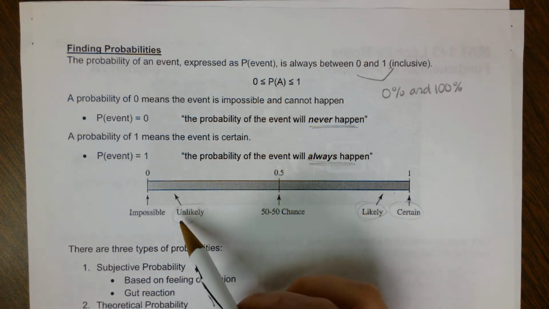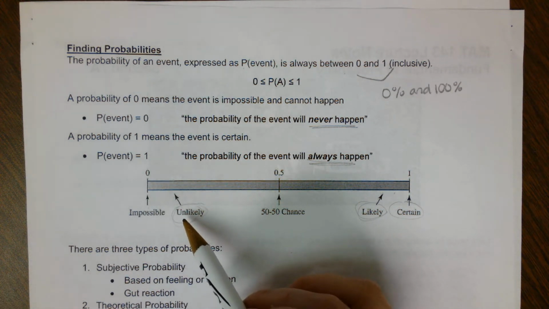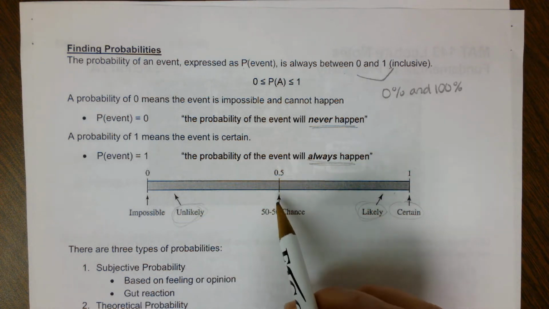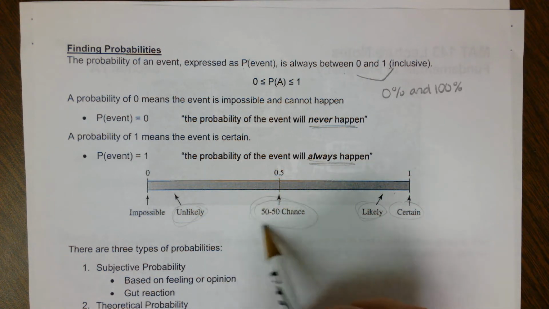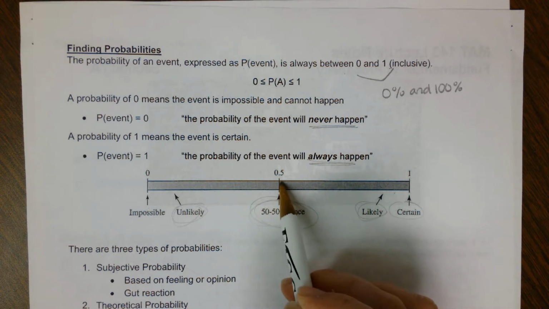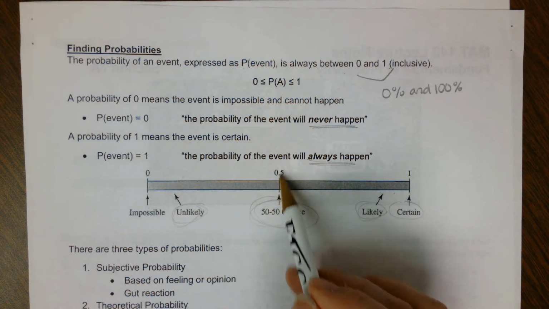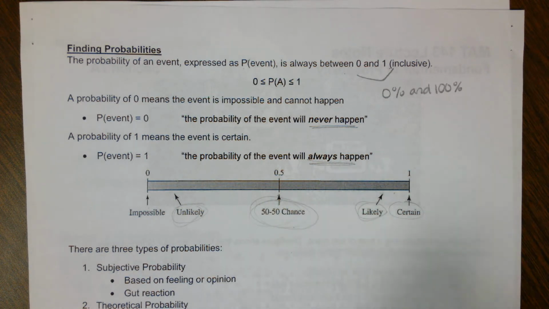Like talking about rain: if there's a 90% chance of rain, it's probably going to rain. But if there's only a 5% chance of rain, it's probably not. It still could, but it's not likely. And then, of course, we have our 50-50 chance. We call it 50-50 because there's a 50% chance it won't, 50% chance it will. That would be your 0.5 or 50% right there in the middle.